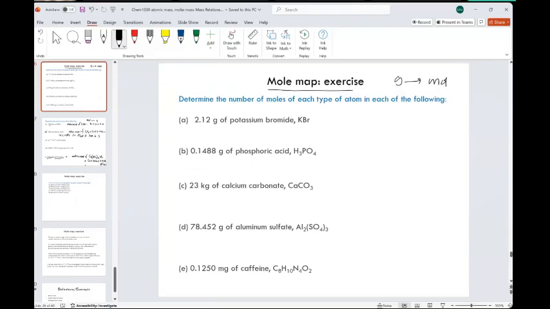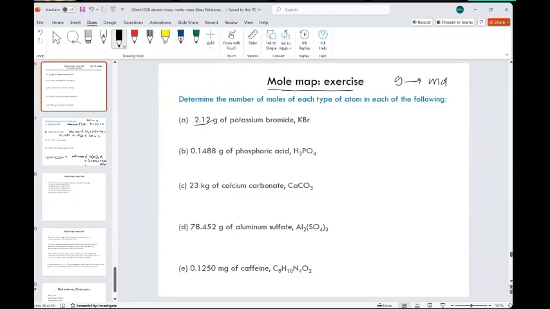Same way, but on the final step, you have this amount divided by molar mass. Okay. Clear? Yes. Yeah, good.